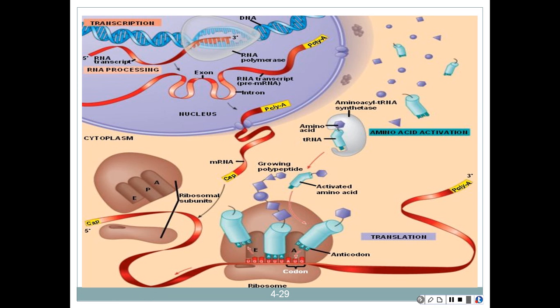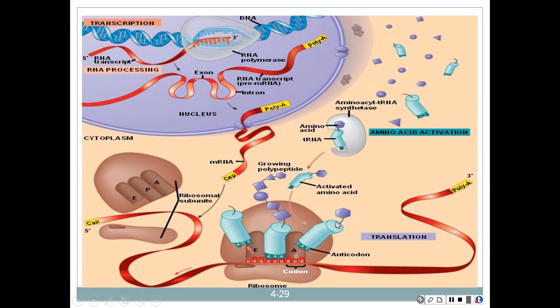It's a molecule that coils on itself to form an angular L shape that has a 3 nucleotide anticodon on one end, and then a binding site for one amino acid on the other end. Here's the L shape, and here are the 3 nucleotides.